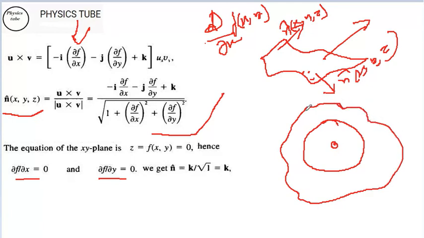What I actually said will now be very much visible to you, that this is my n, this is my e, and at this point this is n. I'll change color and show you, it will make it more clear. This is my n in this direction, and in this direction this is n. Various n we have, but all n are nothing but functions of x, y, z.